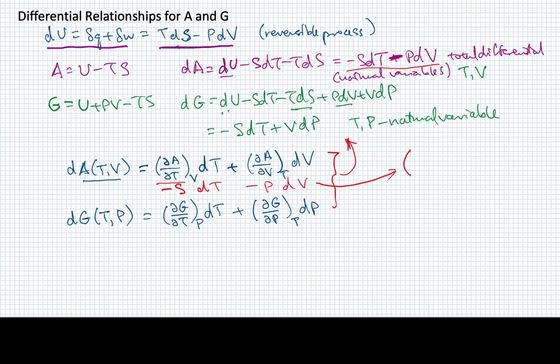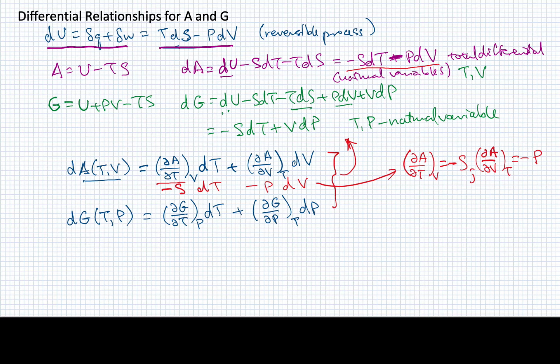So this partial derivative, dA/dT at constant V, is equal to minus S. And similarly, the partial derivative of A with respect to V at constant T is minus P. I better put a semicolon in there to separate these two.